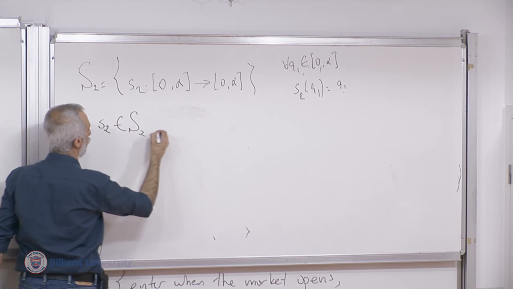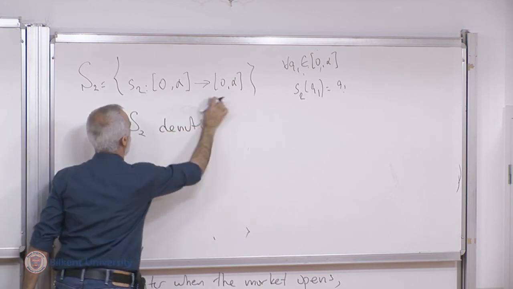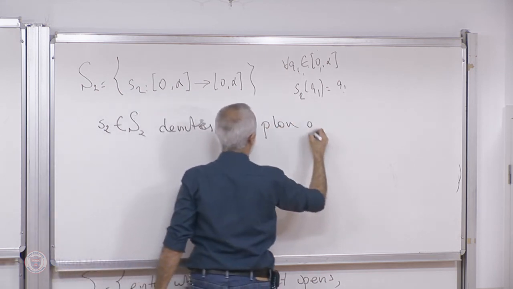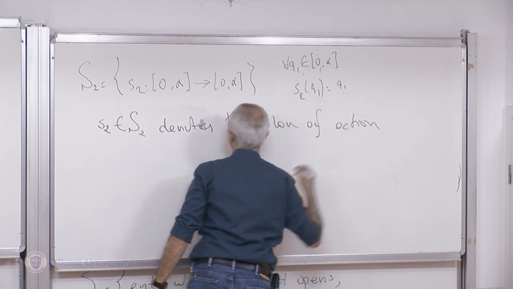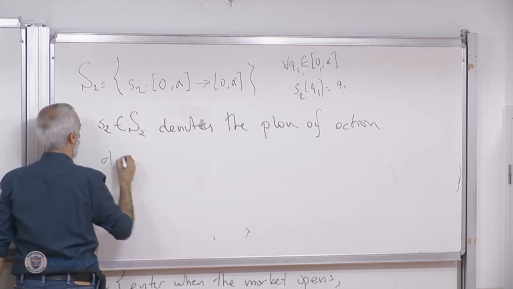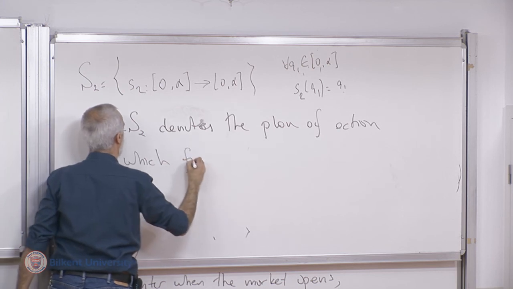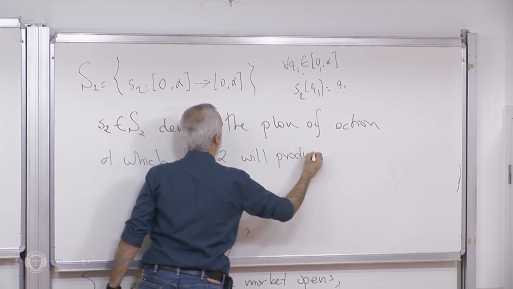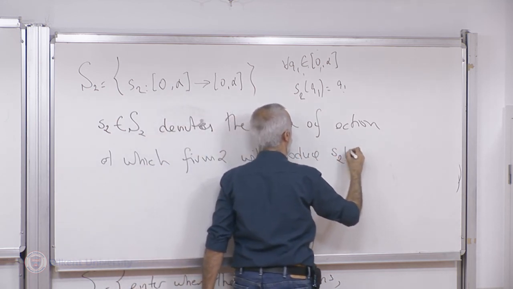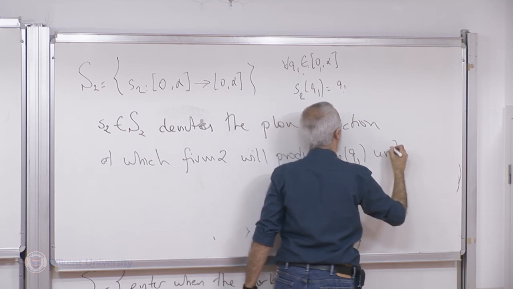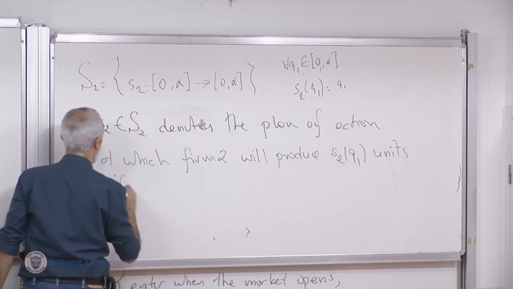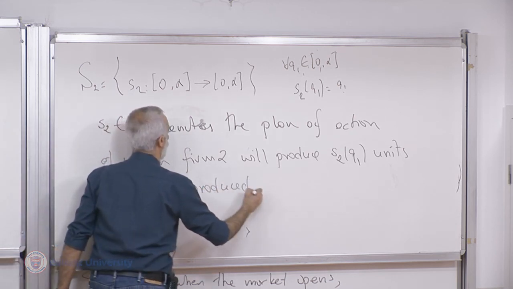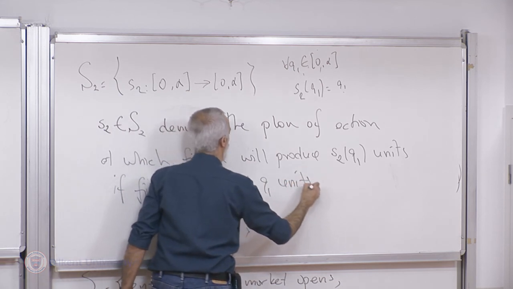S2 denotes the plan, the strategy, at which firm 2 will produce S2 of Q1 units if firm 1 produced Q1 units.